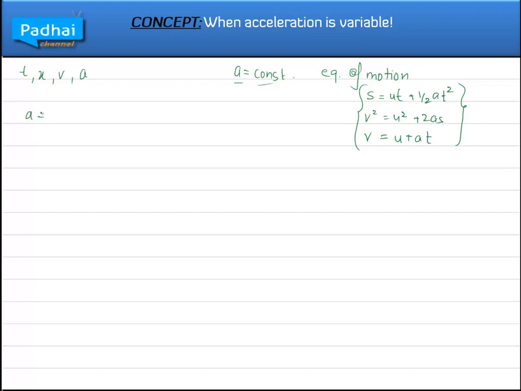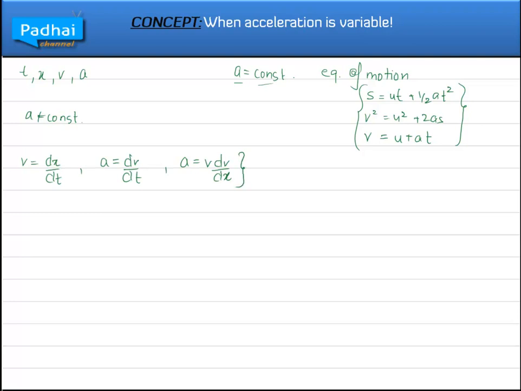If acceleration is not constant, or probably we do not know if it is constant or not, what we do is we make use of integration and differentiation, and three basic equations are used, which are v equals dx by dt, a equals dv by dv dt, and one more equation, a equals v dv by dx.